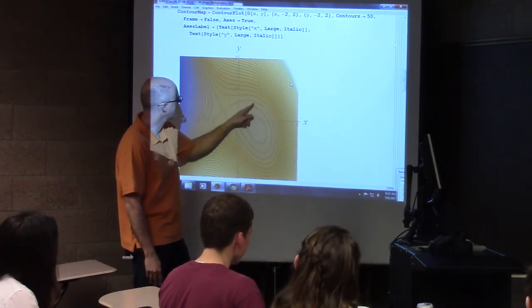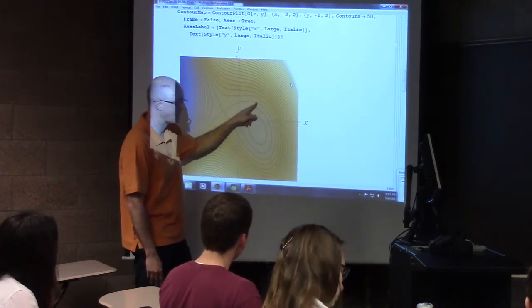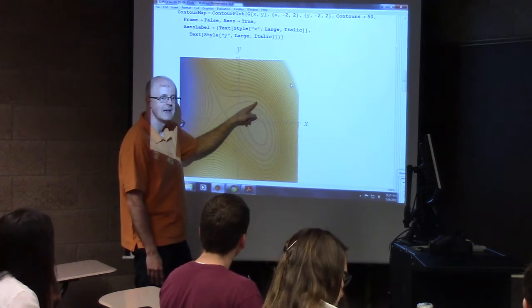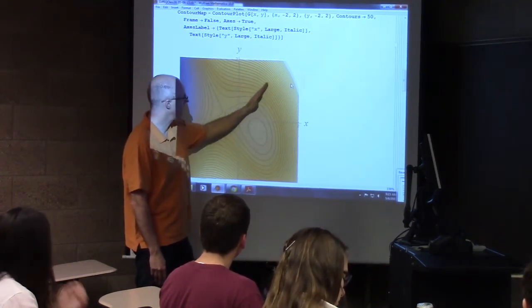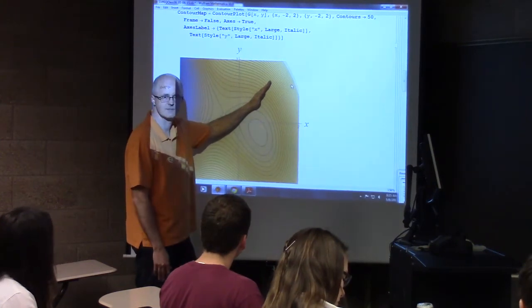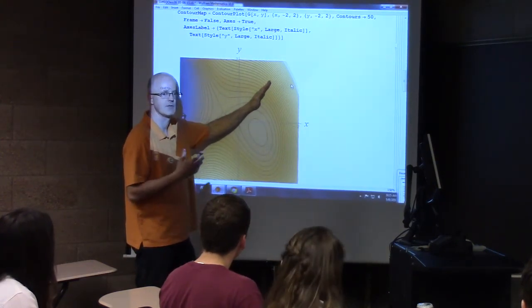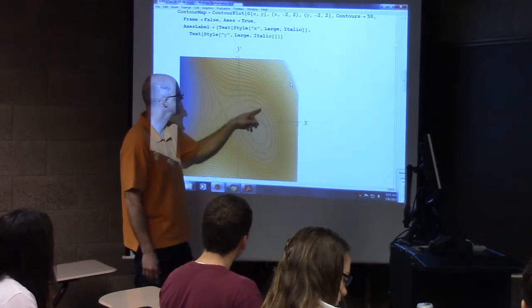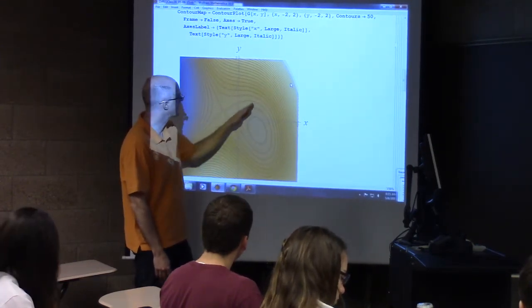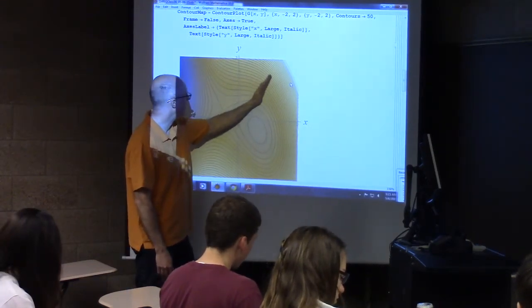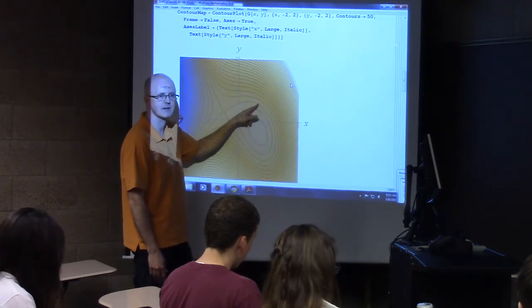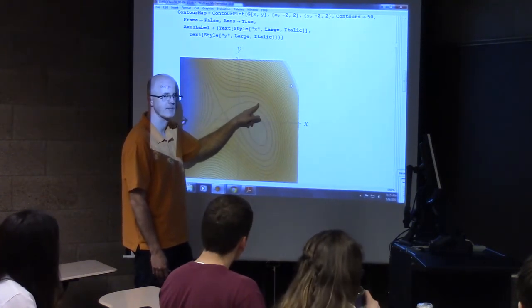A gradient vector is going to be perpendicular to that curve at that point, and point in the direction from dark to light where the function increases. It points in the direction of fastest increase, instantaneously speaking, at the given point, which goes from the darker to the lighter and is perpendicular to the curve at that point.